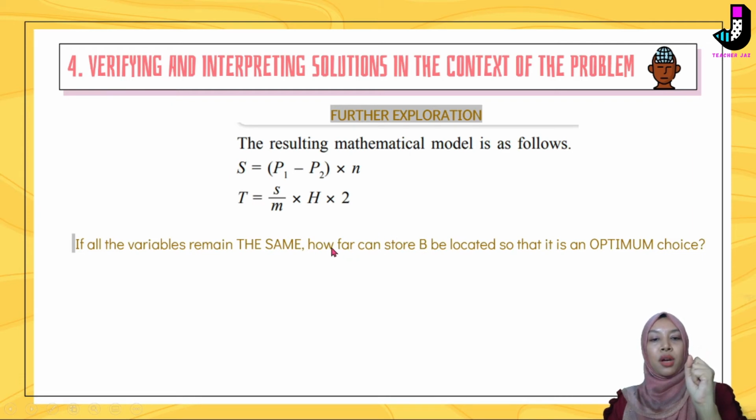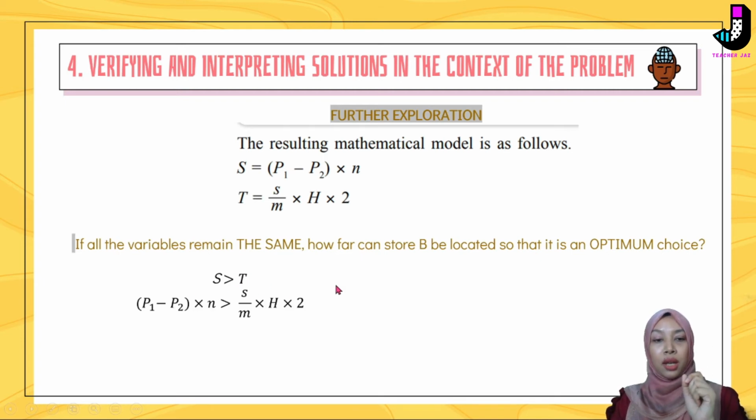Okay, so because now how far can store B be located so that it is an optimum choice. Optimum means profitable, is the most profitable. Okay, kalau dia lebih means dia dah tak untung dah. Okay, so here from the same formula, as we know S must be more than T. Okay, kalau dapat lain nanti maksudnya dia tak okay lah kan.